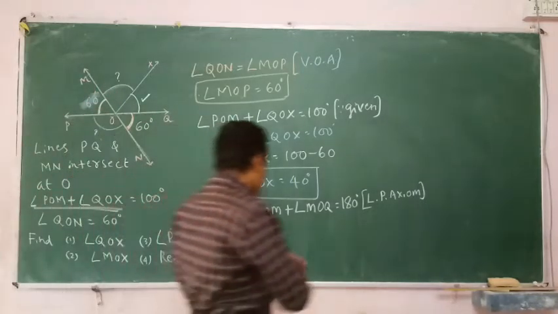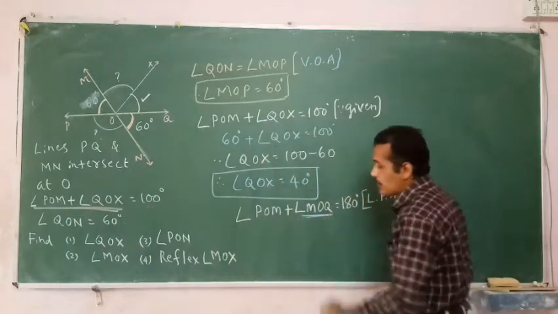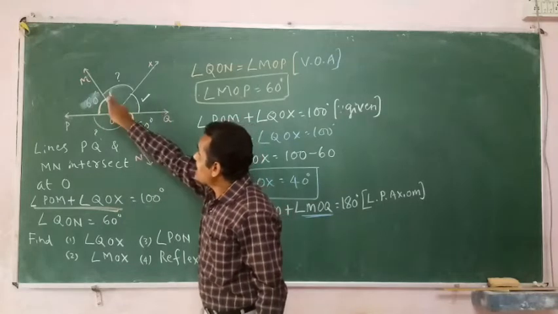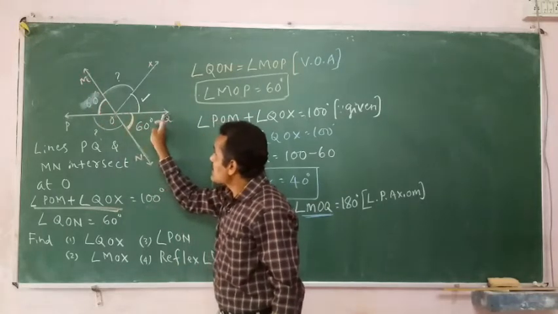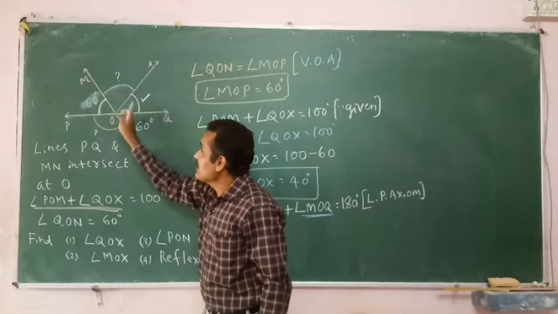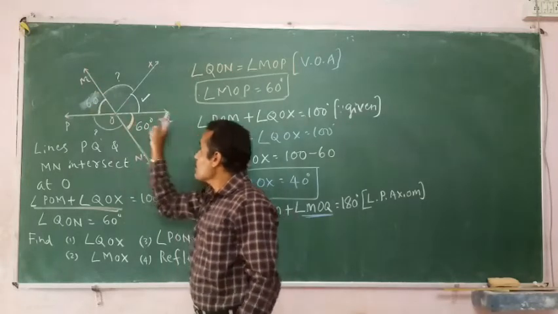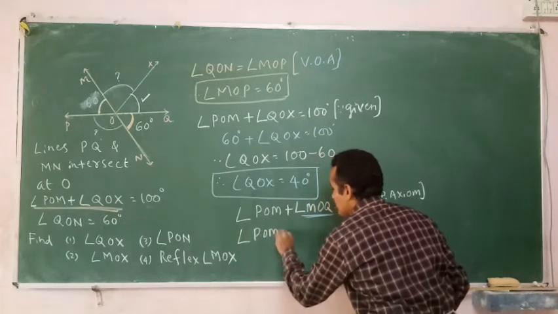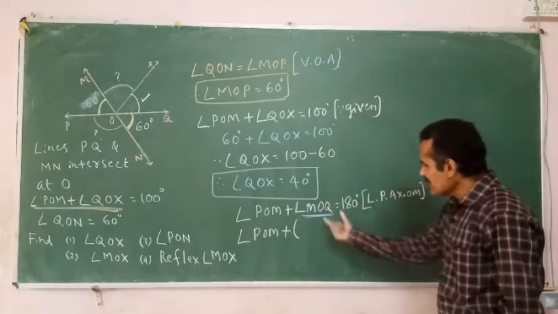Now what I will do? In the place of MOQ, I can write MOQ is the sum of this angle and this angle. This together gives you MOQ. I will write here angle POM plus bracket MOQ.